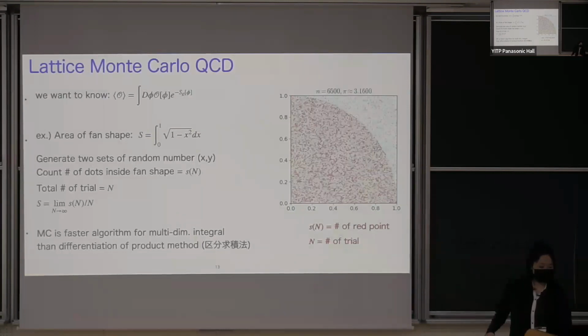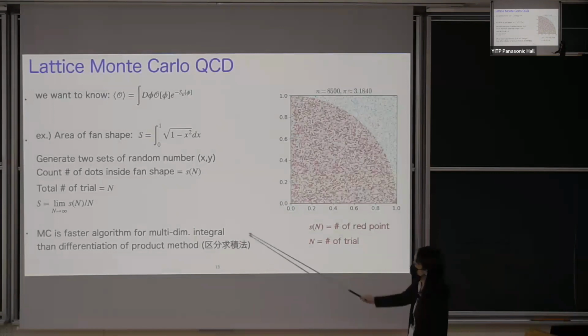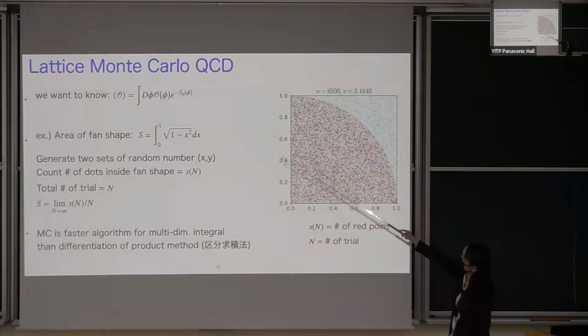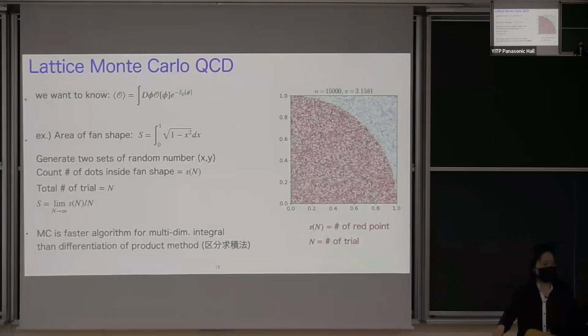In the simple case, we can use the numerical quadrature method. But in the case of a multidimensional integral, lattice Monte Carlo is a faster algorithm than this quadrature method, if we can generate the random numbers fast using a fast algorithm.